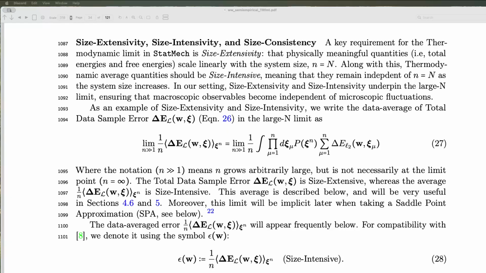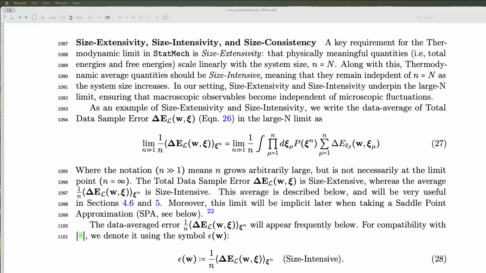The idea is a key requirement for the thermodynamic limit in statistical mechanics is size extensivity. That physically meaningful quantities, like total energies and free energies, scale linearly with the system size, little n equals capital N. Along with this, the thermodynamic average quantities should be size intensive, meaning that they remain independent of n as system size increases.